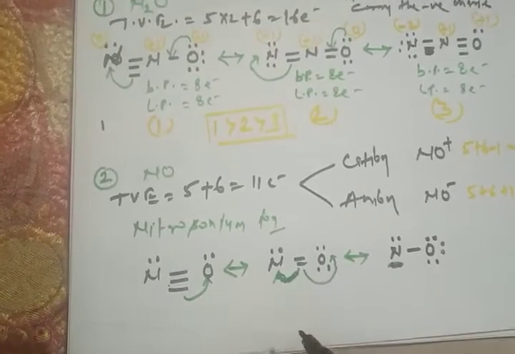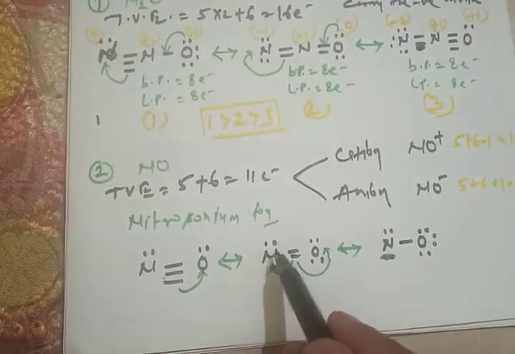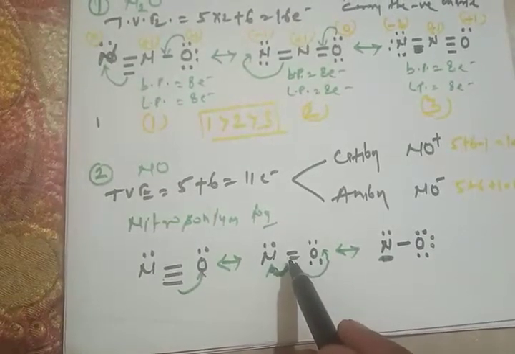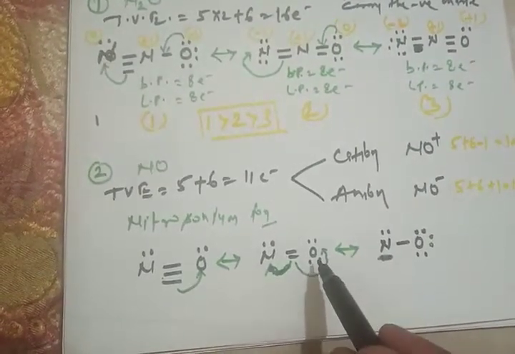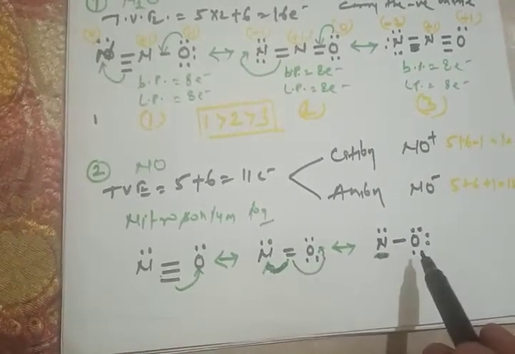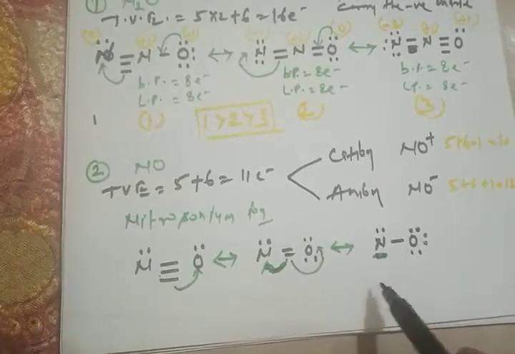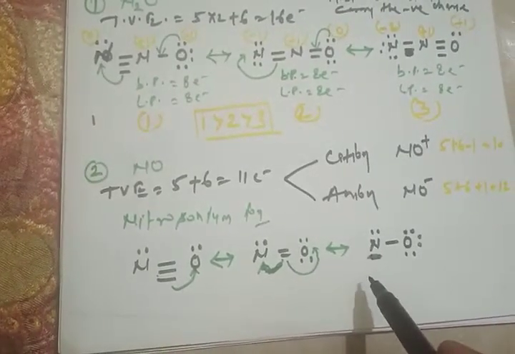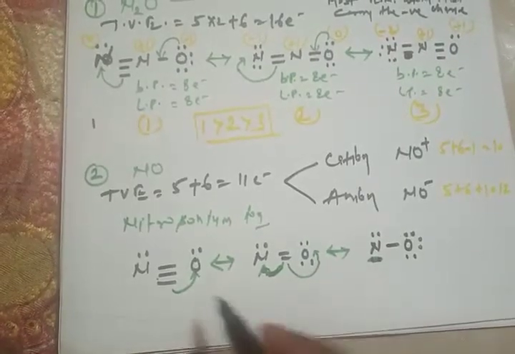But there is one problem with this, because here, as you can see, the octet at nitrogen is incomplete, only 1, 2 and 3 pairs, that means 6 electrons are there, whereas the octet at oxygen is complete. Here also the octet at oxygen is complete, but nitrogen is incomplete. So this is actually not the correct one, no?